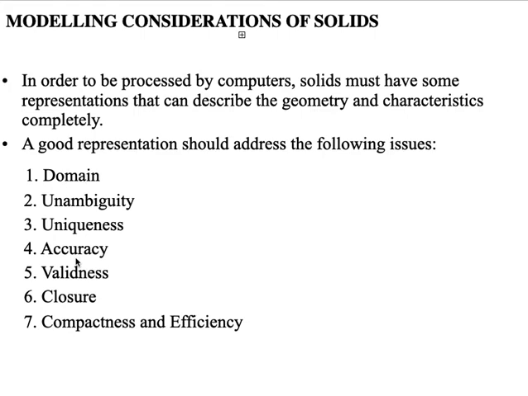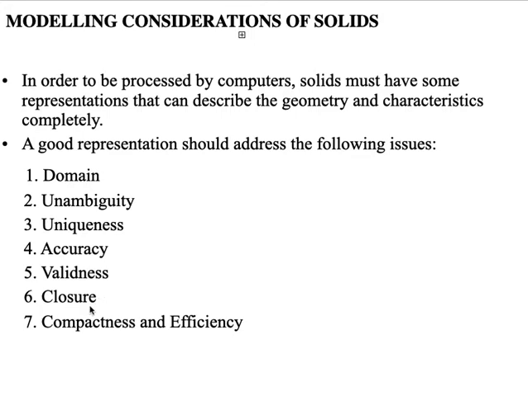A representation is said to be accurate if no approximation is required. And then validity: this means that a representation will not create any invalid or impossible solids. More precisely, a representation will not represent an object that does not correspond to a solid.